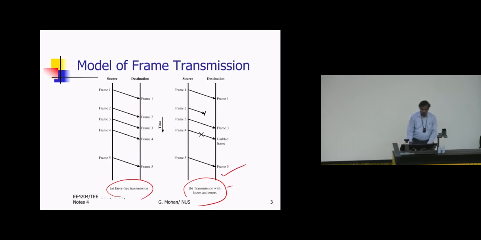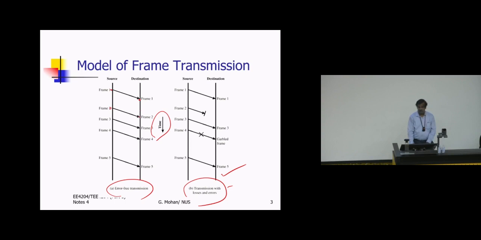So you can show here, sometimes we put this horizontally, sometimes vertically, but what's important is to note down the x-axis and y-axis, the vertical and horizontal axis. Here, time flows vertically from top to bottom. So frame 1 is sent here, frame 1 is received here, frame 2 is sent, frame 2 is received.